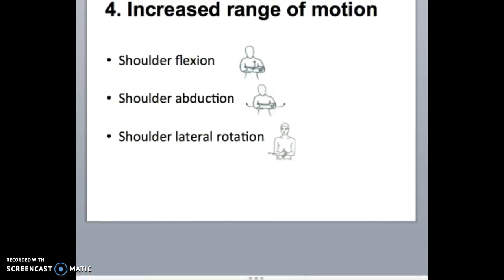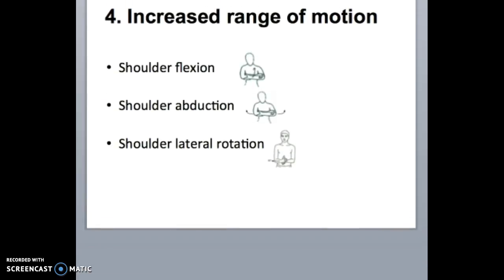The first one is shoulder flexion. It's an exercise when one holds the affected arm and rocks backwards and forwards for as long as the pain allows. Shoulder abduction exercise is when one supports their affected arm with their other hand under their elbow, gently leaning forward and rocking back and forth of the affected arm.